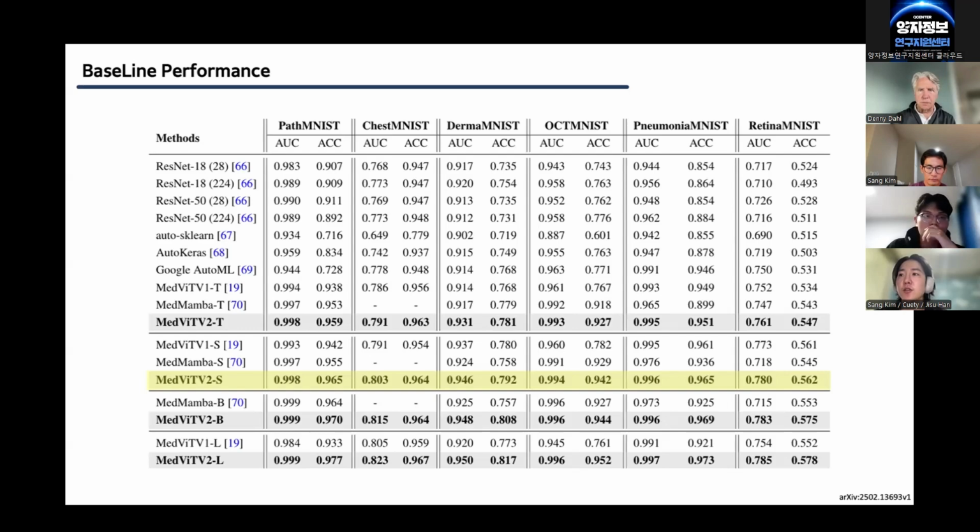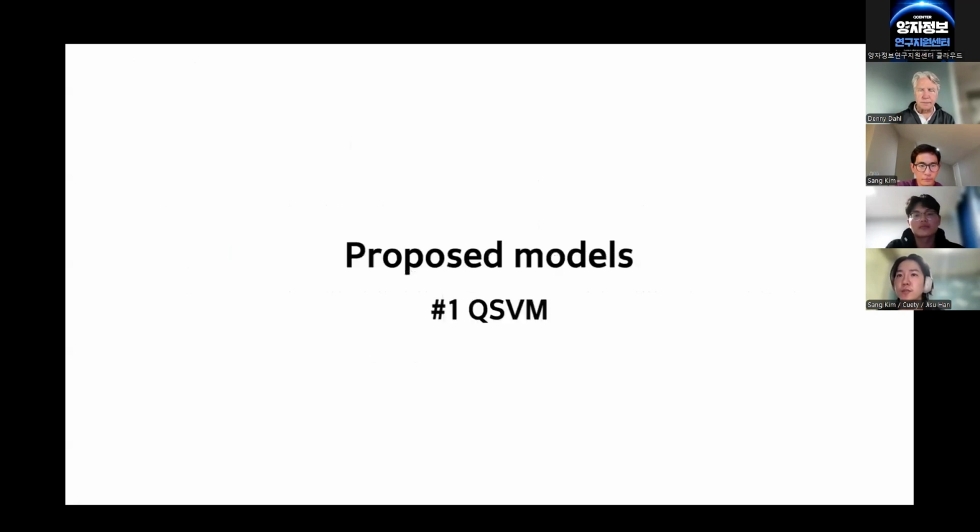Additionally, as shown in the baseline result, the RetinaMNIST dataset tends to show lower accuracy compared to other datasets. This observation also motivated us to choose RetinaMNIST as our primary benchmark for further investigation.